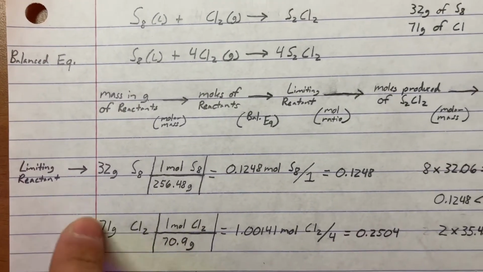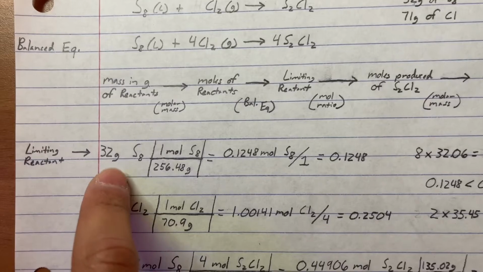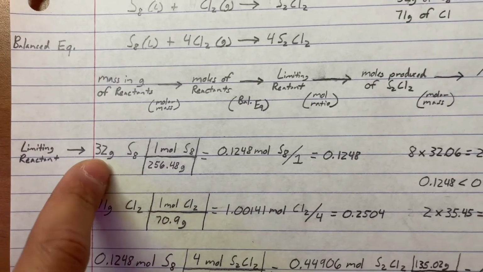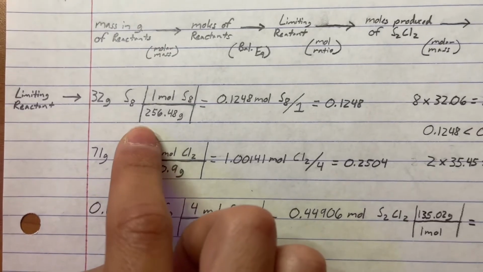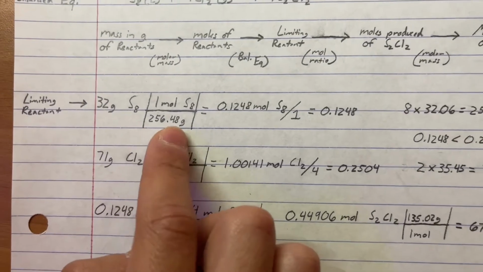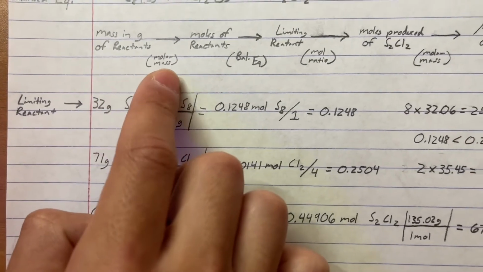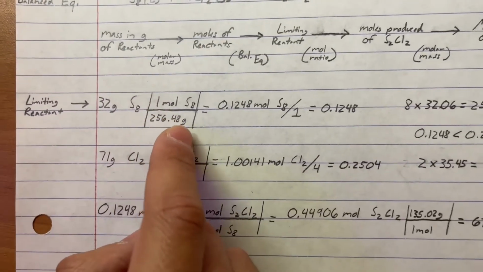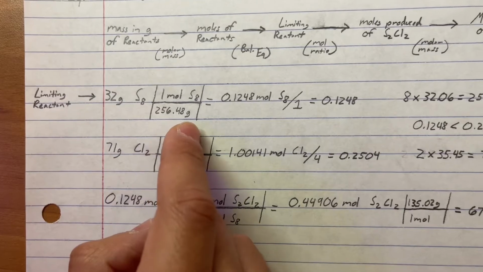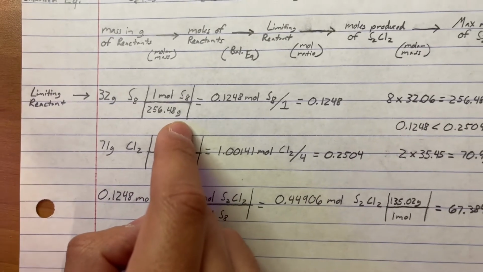So getting into that, the first step, step number 1, I've already labeled it for you, but I'll explain how this process works. They gave us 32 grams of sulfur and 71 grams of chlorine. Now you might be wondering how I got this number. This is the molar mass, which we're going to use to go from grams to moles. So 1 mole of sulfur is equal to 256.48 grams.